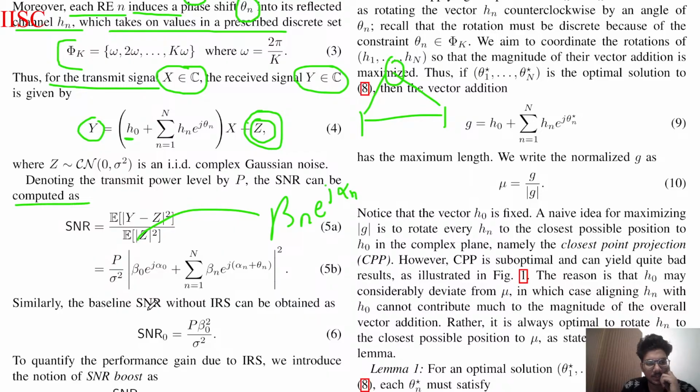The baseline SNR and the SNR can be written as follows. So this part is clear.